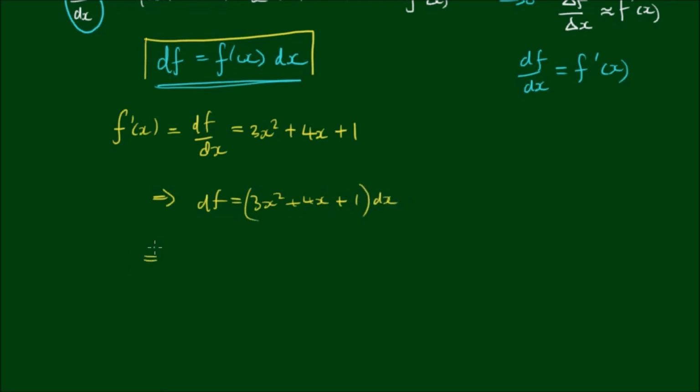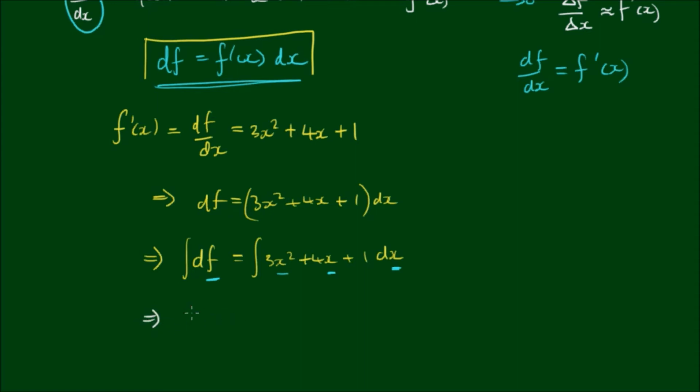So to solve for the function f, we simply integrate both sides. So in this case, we've separated the variables. We've got all the f's on one side and all of the x's on the other side.